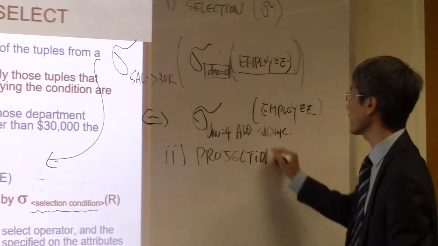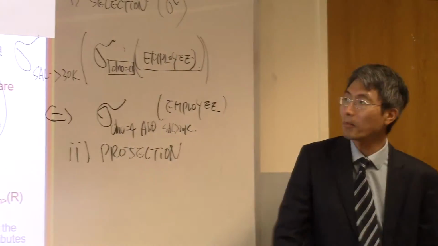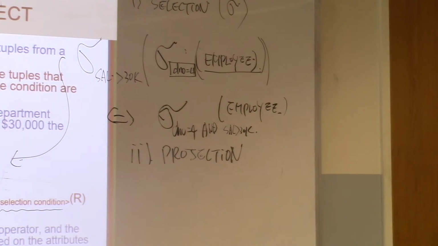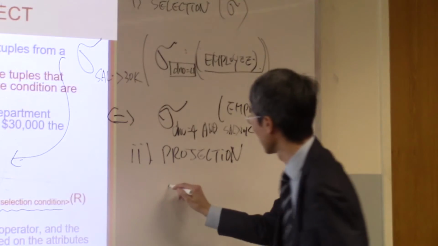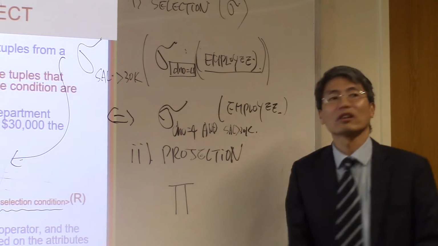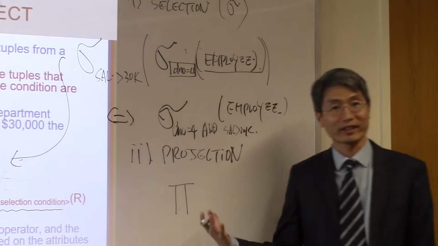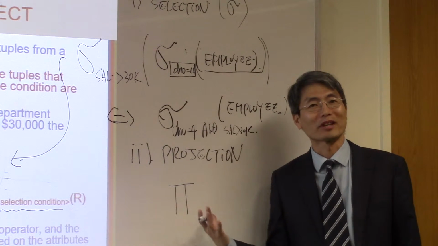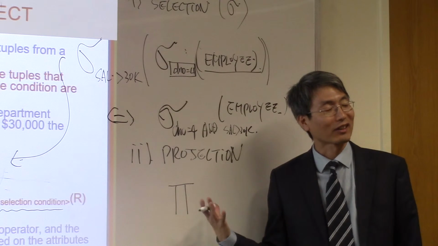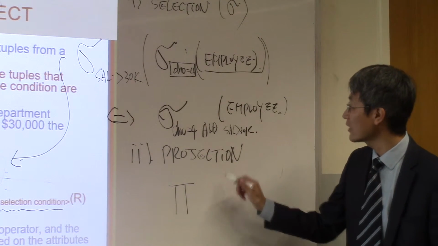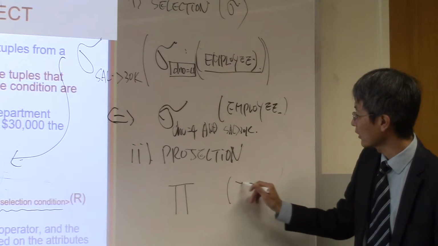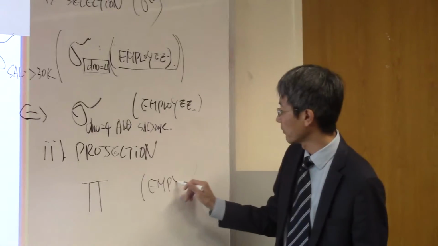The second operation is the projection. Projection means selecting specific attributes. How can we use it? This is the symbol, the capital letter pi in Greek. Don't ask me why; the inventor, Dr. Codd, selected this one. Then it's the same idea. We can put the relation name.